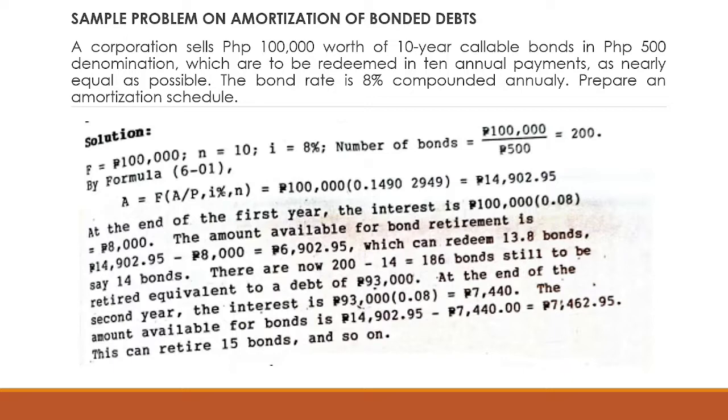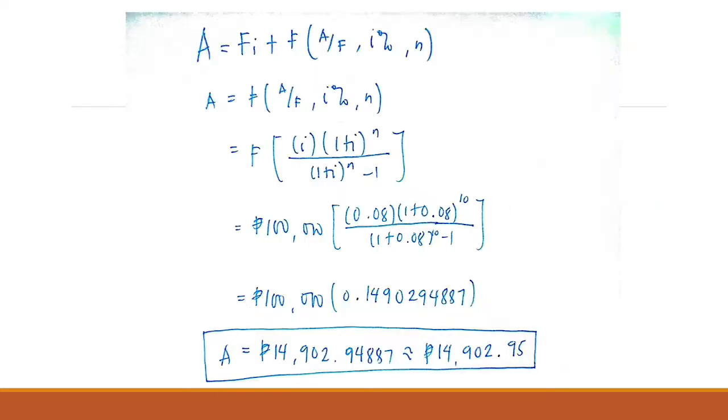The formula which will be used, which was discussed by the reporter, is A equals F (A/F, I, N), which will be 100,000 times 0.1490299 equals 14,902.95. Here is the step-by-step solution.